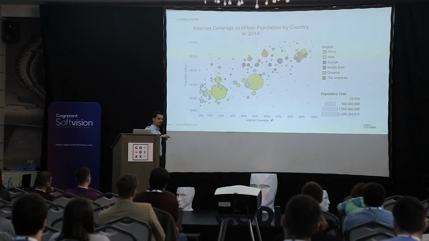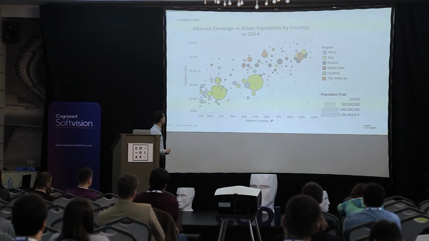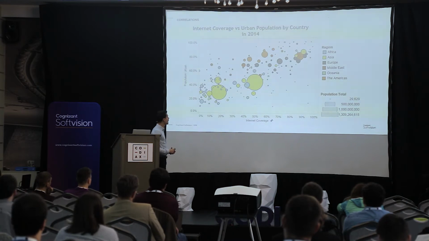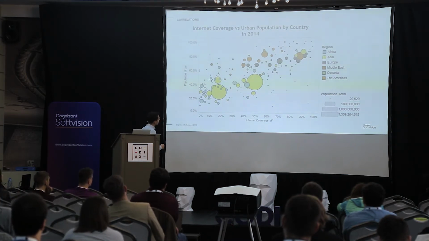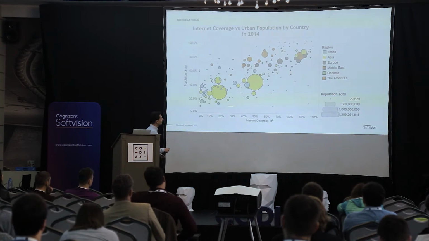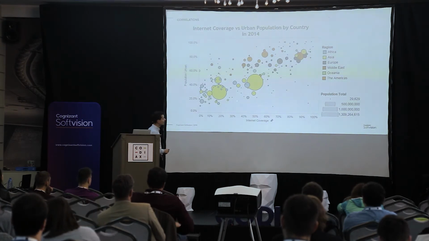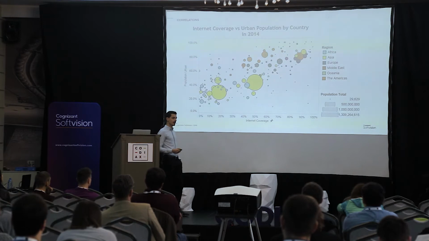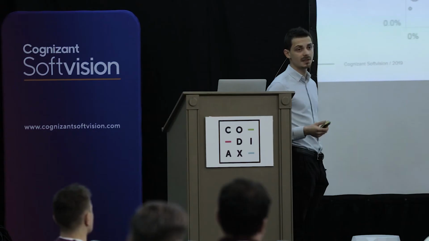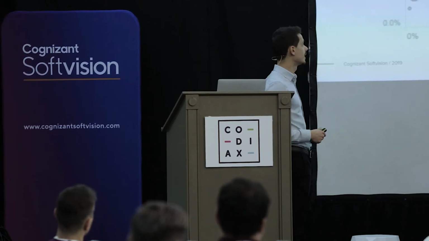As the circle goes from bottom up, the number of people living in urban areas increases. What you can see here is that all the points are in the same region. Just imagine a diagonal here. So they are here, all of them. So I can say as internet coverage increases, so does the percentage of people living in urban areas.